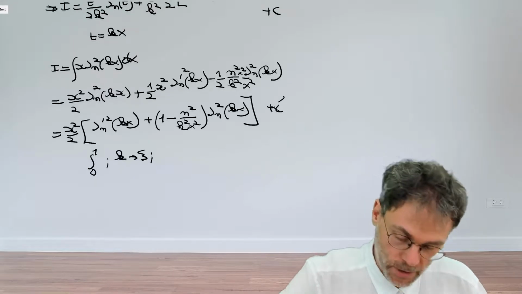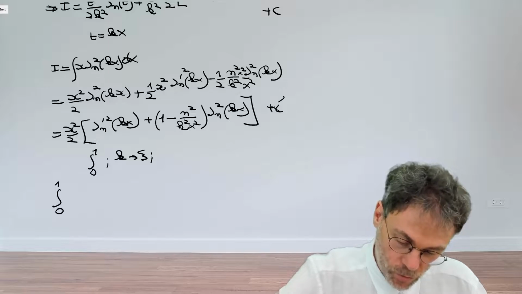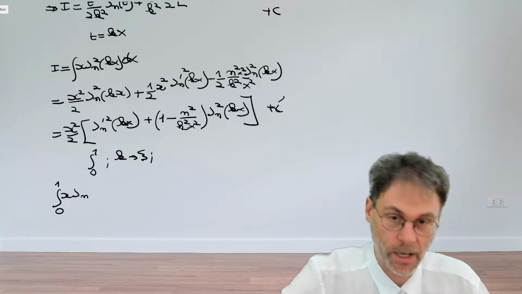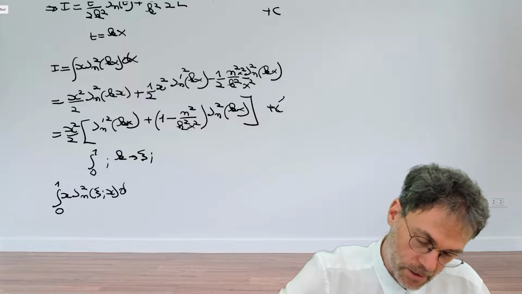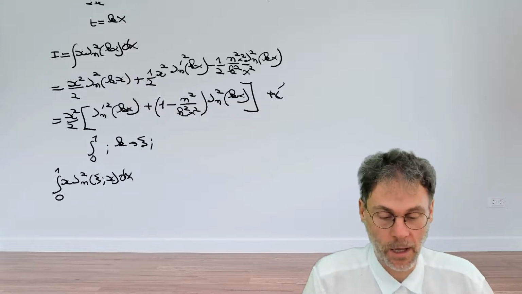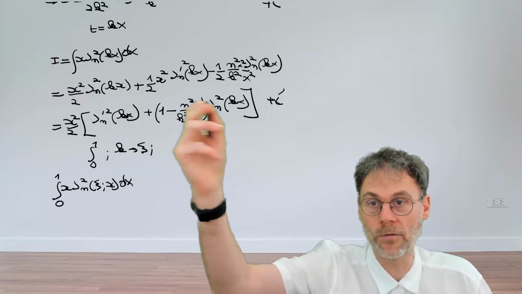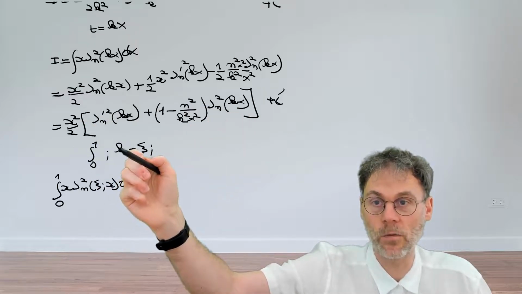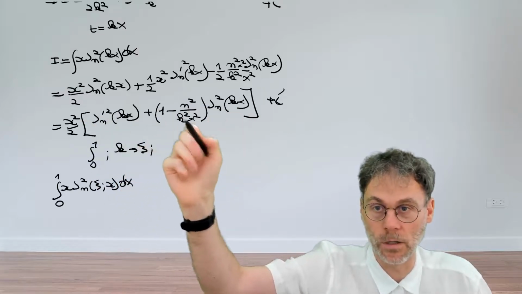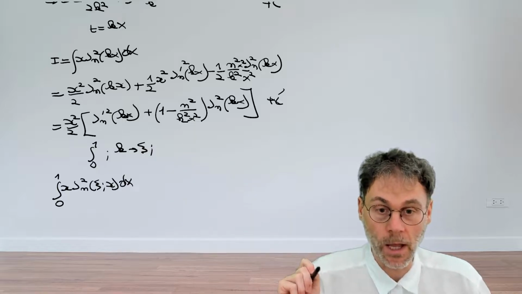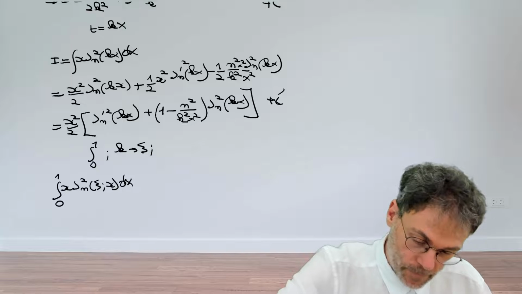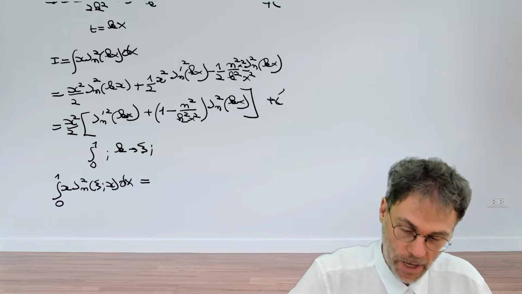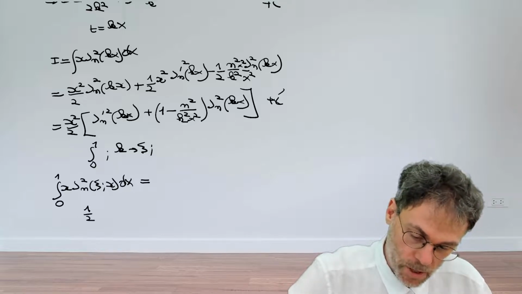Okay, we're interested in the integral from 0 to 1 x jn squared psi I x dx. And we know that this is the primitive of that integral, so we need to evaluate that between the bounds 1 and 0. Let's first do 1. So this is equal to, so we have here x equal to 1, that's 1/2.